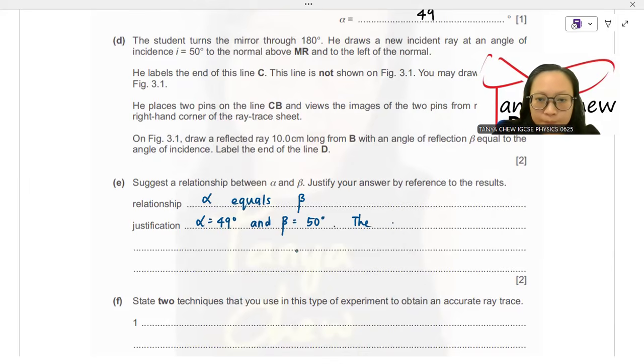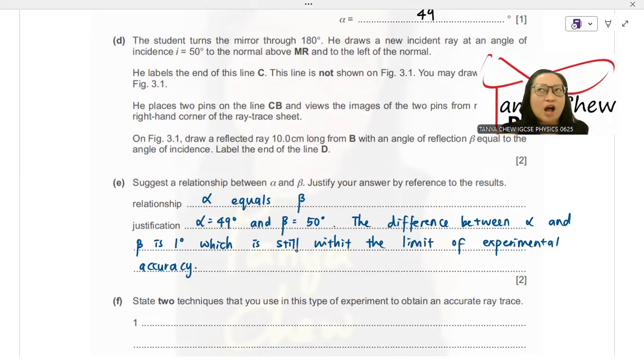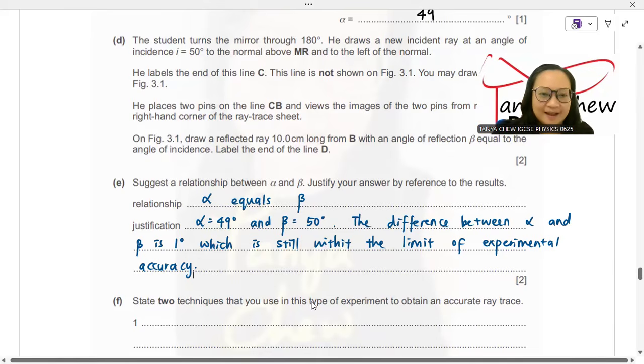The difference between alpha and beta is 1 degree, which is still within the limit of my experimental accuracy, because I think that 1 degree is quite small. So that is why I say that alpha could be approximately equal to beta.